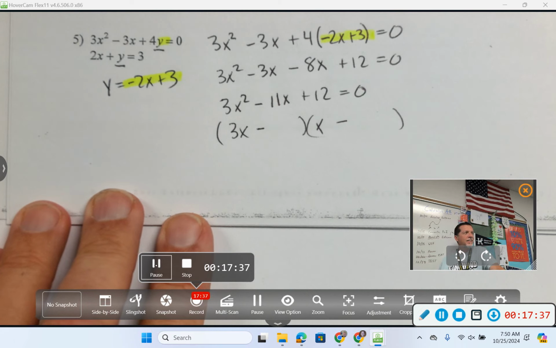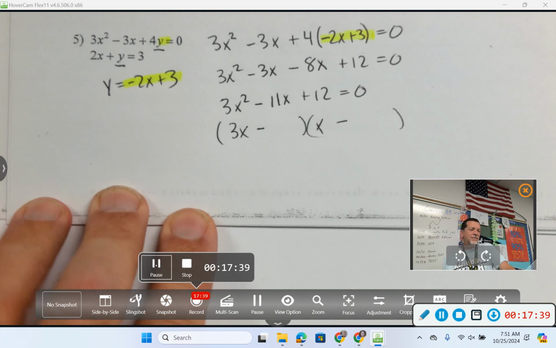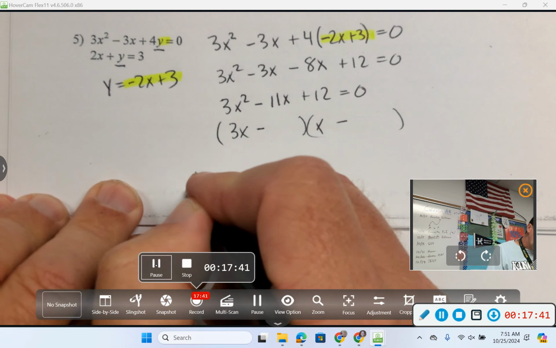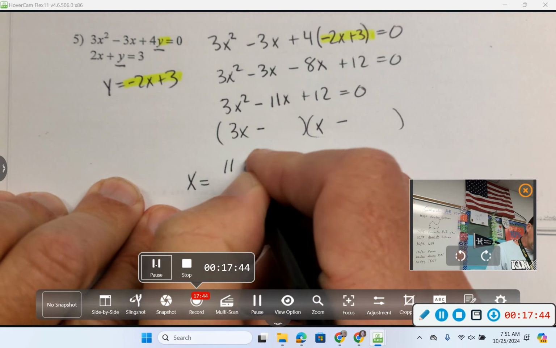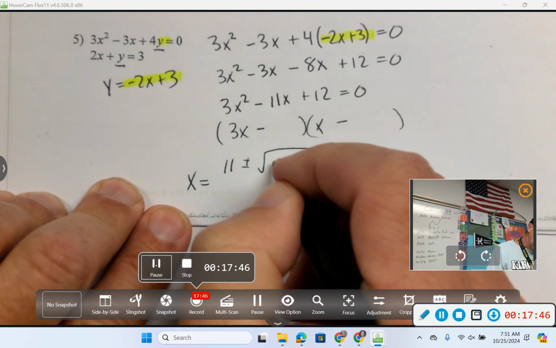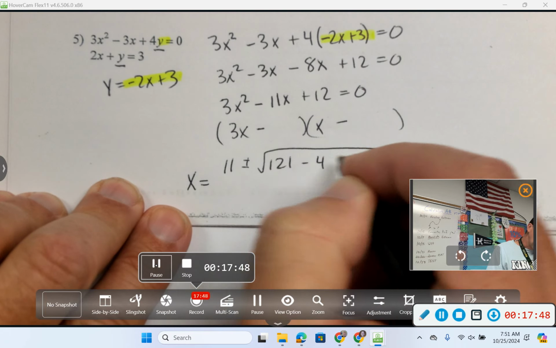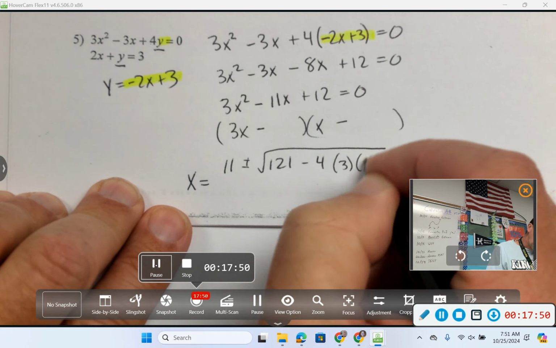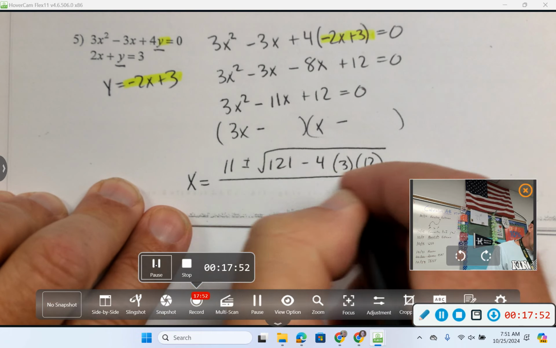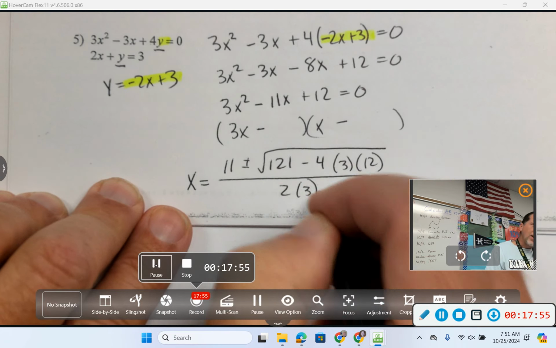Ugh. Warm up those singing voices. X equals negative b plus or minus the square root of b squared minus 4ac all over 2a.